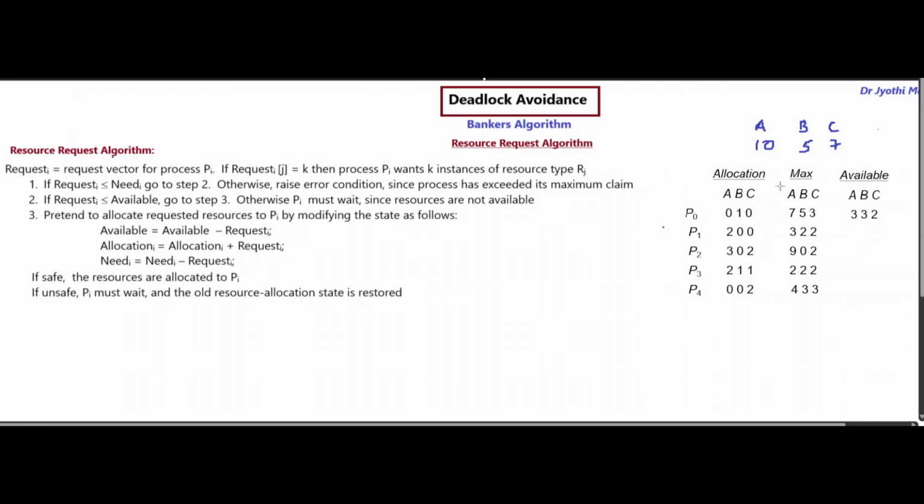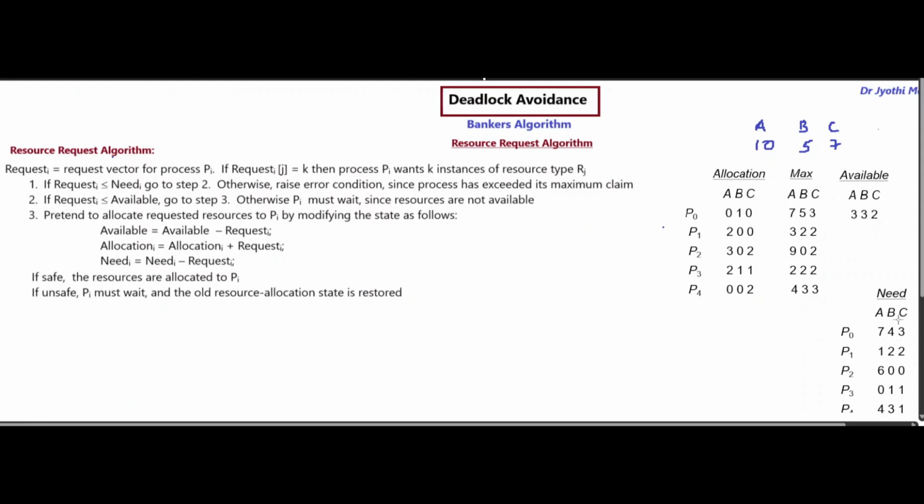Now, at time t0, this much has been allocated. So how much is remaining required? That is your need matrix. You all have understood that also, so let us make a note of the need matrix. This is the need matrix of each process after allocating. How did you get the need matrix? You all know: maximum required minus allocated.